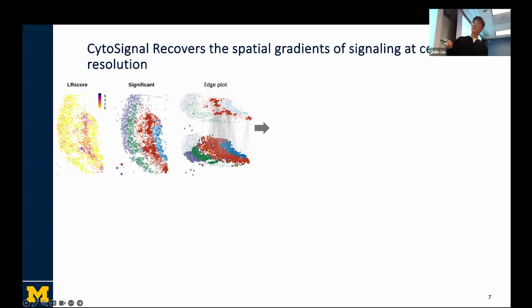The second one shows significance, since we have a statistical test, we can know which cells truly have significant interactions, significant signaling activities. And then we came up with a really novel edge plot, with these thin lines that connect the cells in the bottom panel to the top panel. It tells you which cells are roughly communicating with the index cells here.